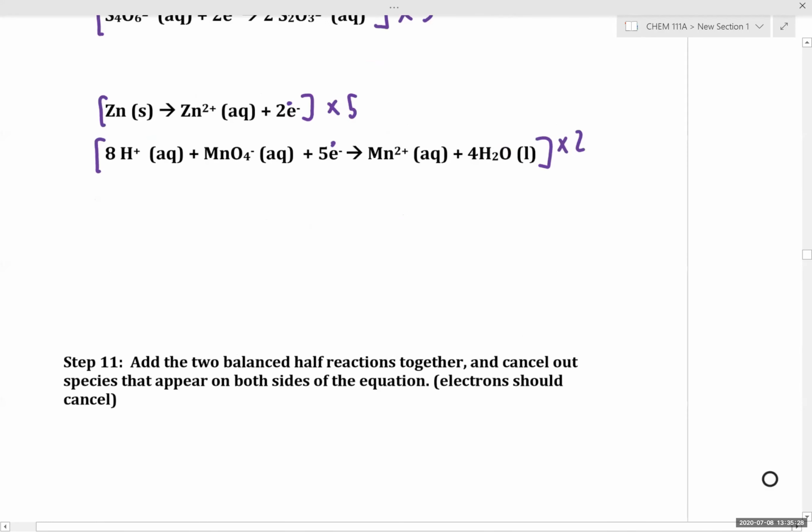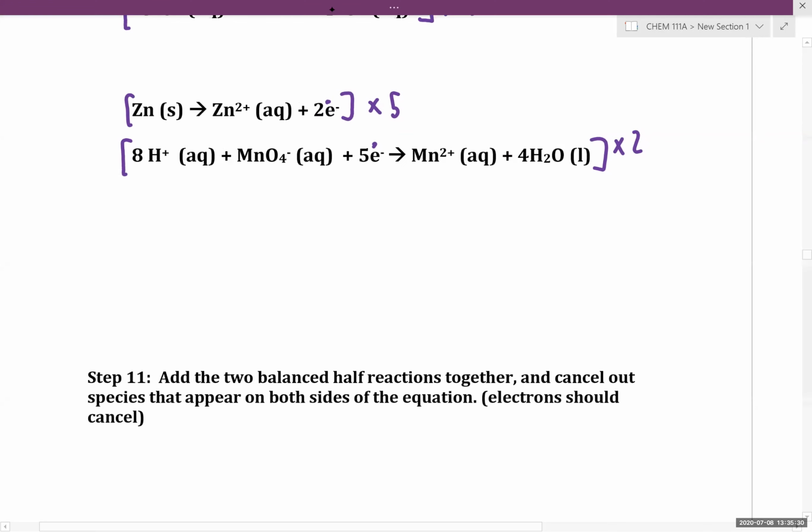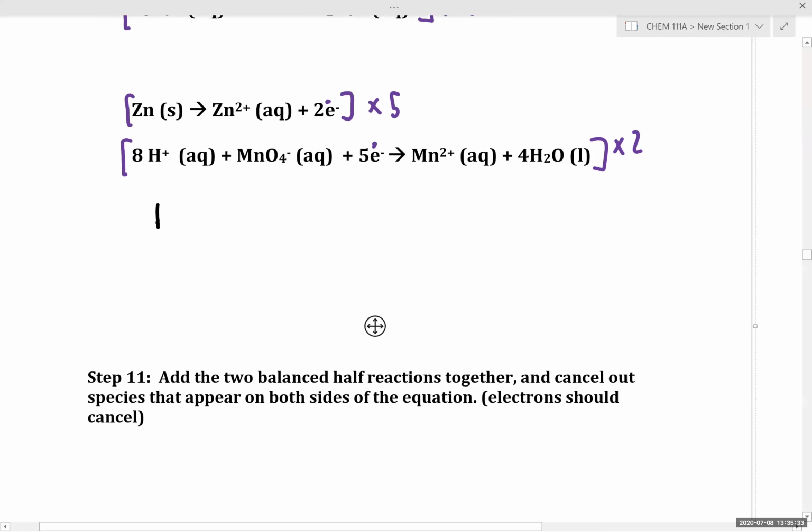So let's show an example using the chemical equations that we've generated previously.